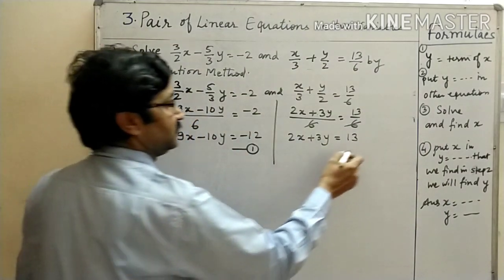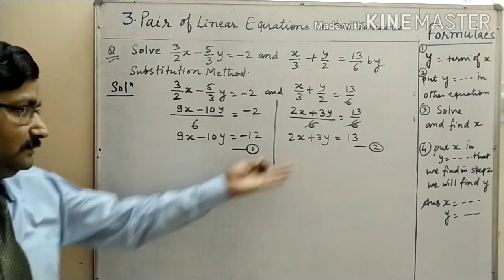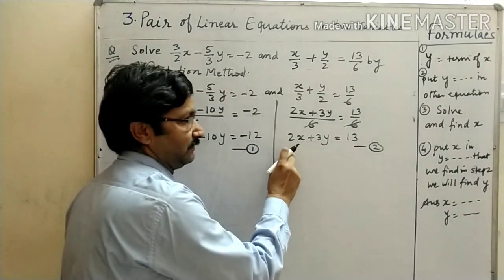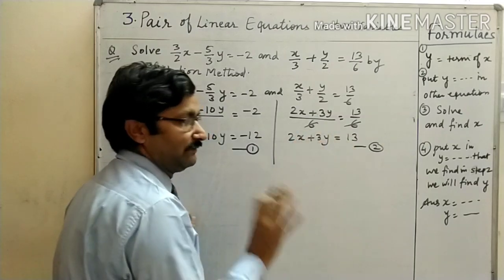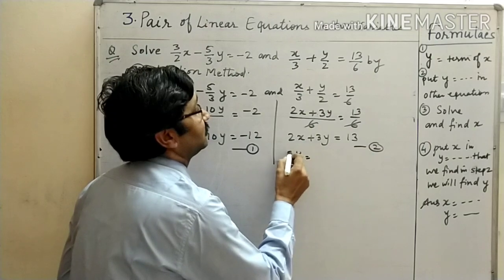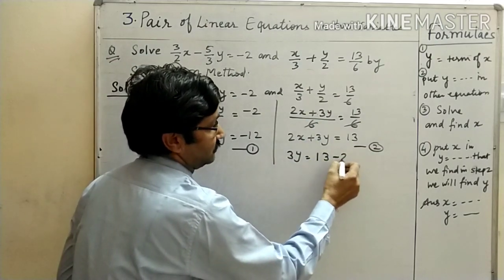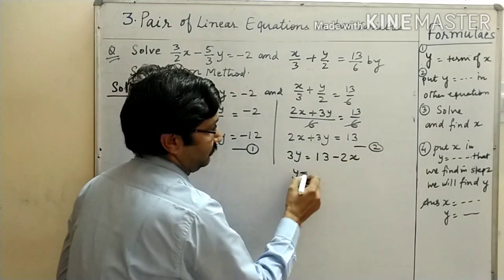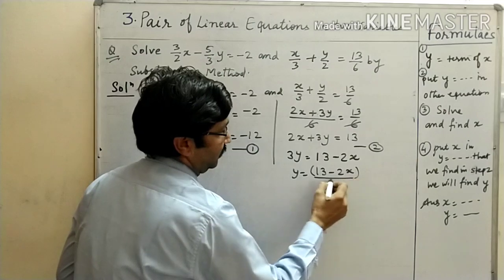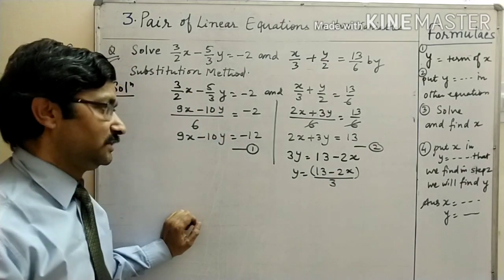Which equation is simpler? Anyone can say this is the simpler equation. So from here you can find the value of x or y. I will find y: transfer 2x to the right-hand side, so y equal to 13 minus 2x, upon 3, or you can write 1/3 of it, both are correct.